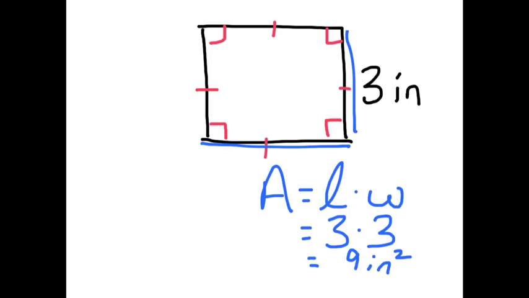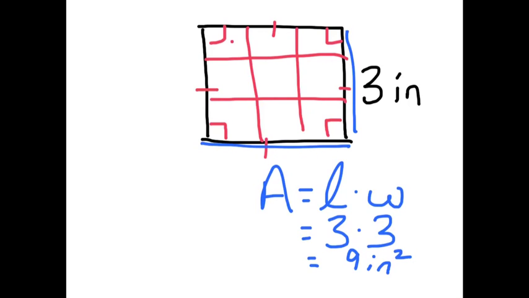And we can check this by cutting it into inch squares. We've got 1, 2, 3, 4, 5, 6, 7, 8, 9 of them. There are 9 square inches in this shape.